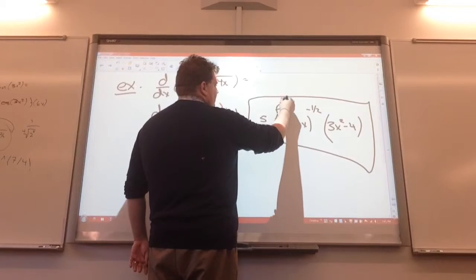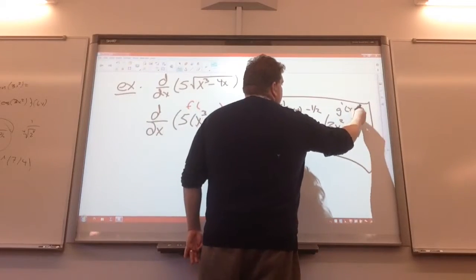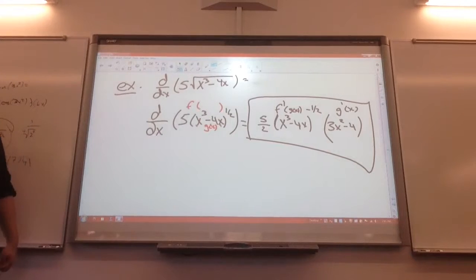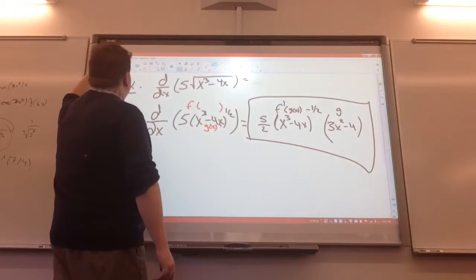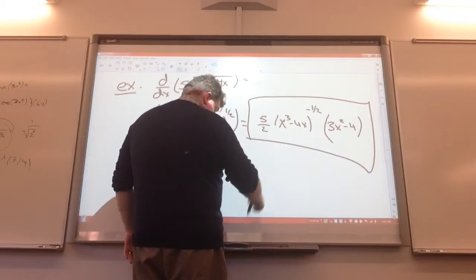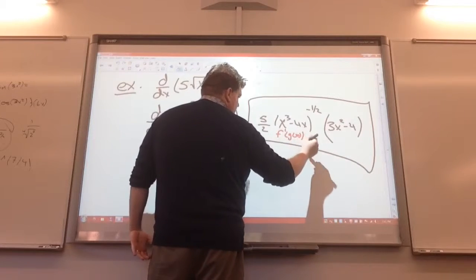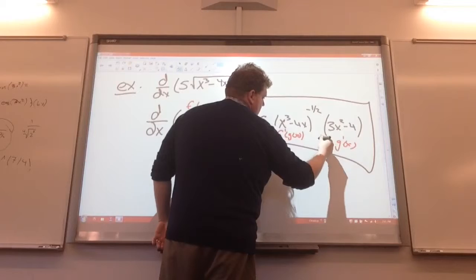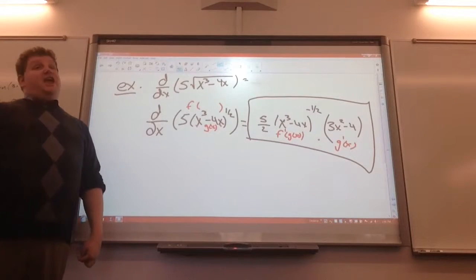This is f prime of g of x, times g prime of x, which I'm multiplying it by. Is that clear what's going on there? Alright, there we go, and it should be a little clearer what's going on there. That's your chain rule for you.